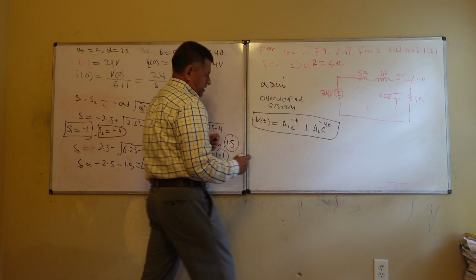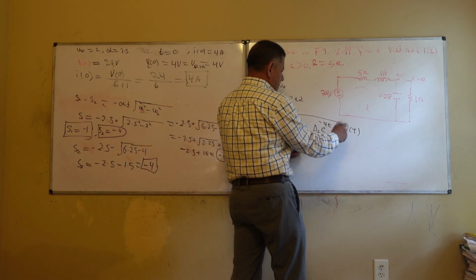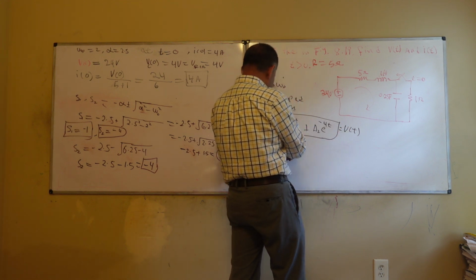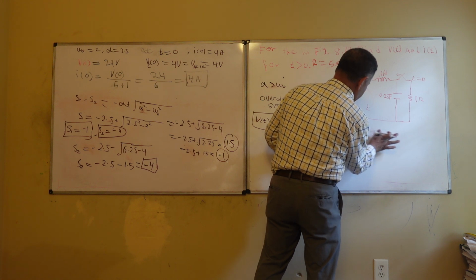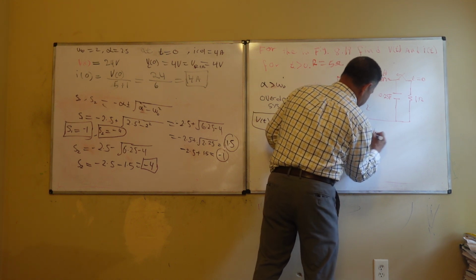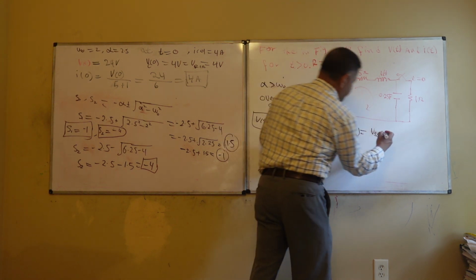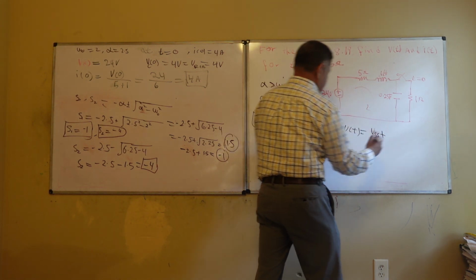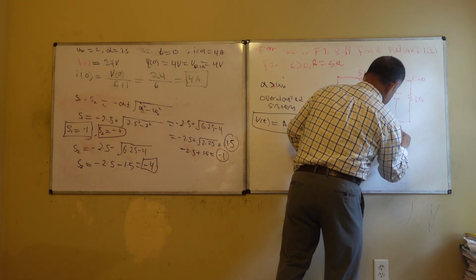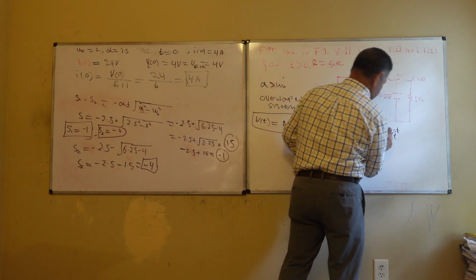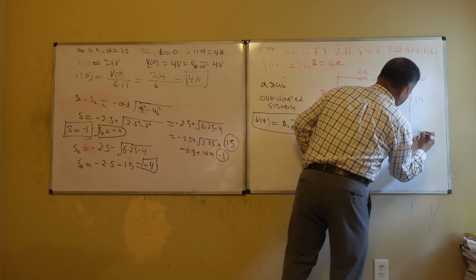So what we can do here is the following. We can say that v of t, I am going to rewrite the same thing, just adding the voltage, which is going to be equal to V_SS, the steady state voltage, plus a1 e to the negative t plus a2 e to the negative 4t.